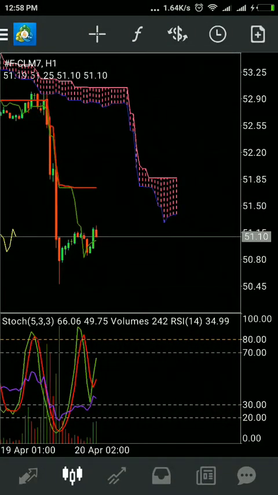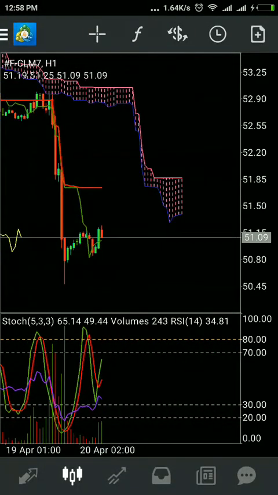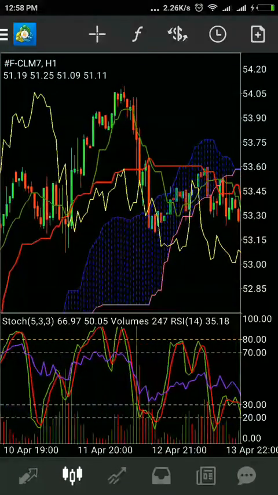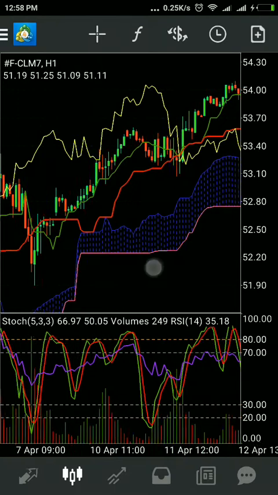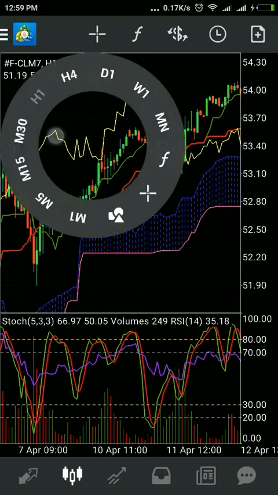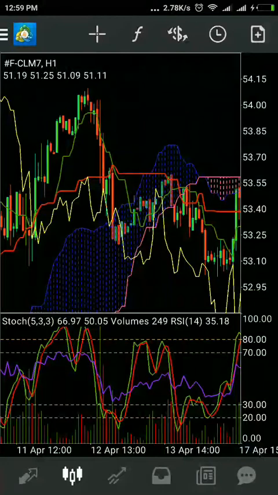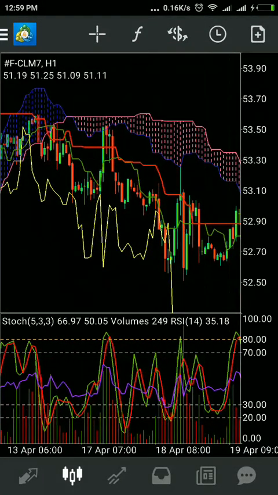This blue line is Senkou Span A, and above it the pink one is Senkou Span B. Here you will see that Senkou Span A is up and Senkou Span B is down when the market is in an up direction. And this yellow line is the Chikou Span.